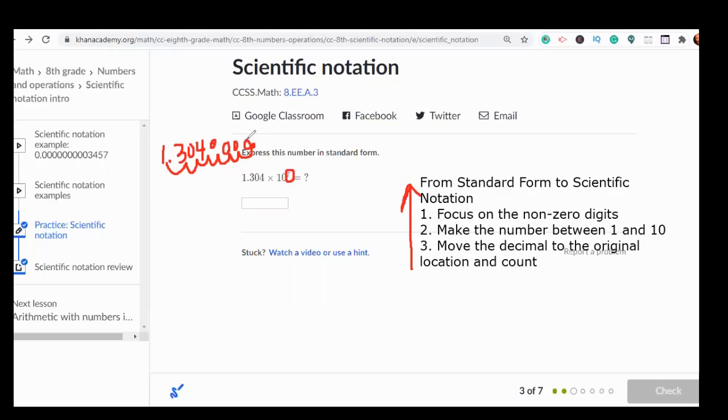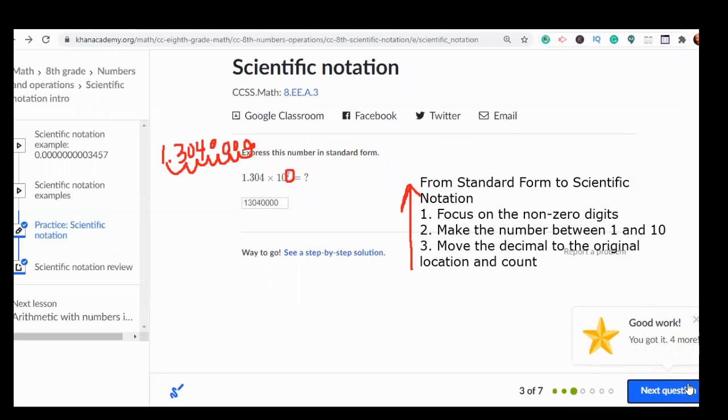Okay, so you'd fill in the zeros. And then the last step is simply to just write your number. So the new number is 13,040,000. That would be our final answer.